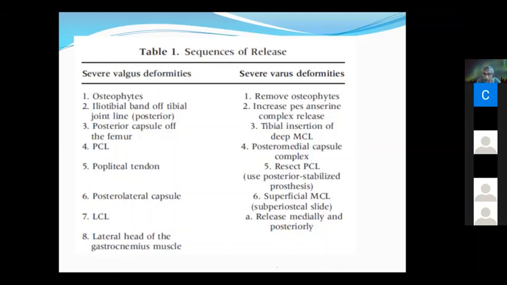Distal femur, proximal tibia, anterior chamfer, posterior chamfer. Box is not considered. No. Yeah. What else? The patella and one more. Anyone?